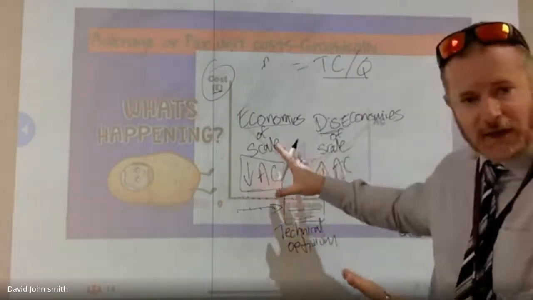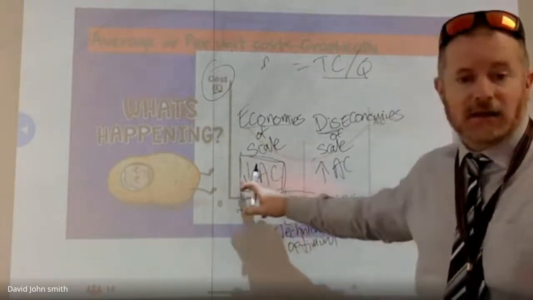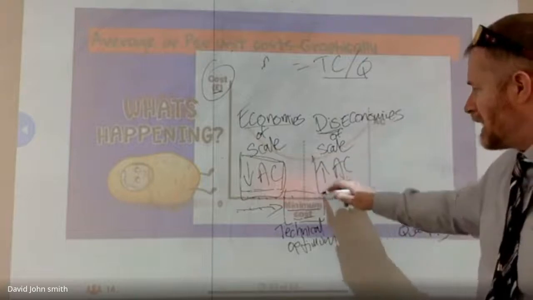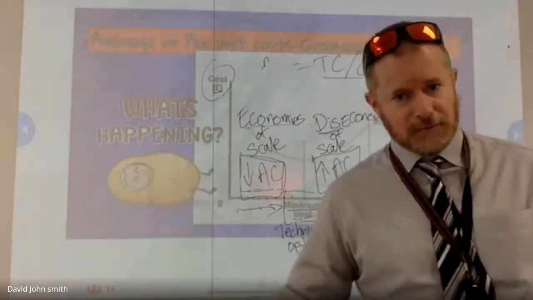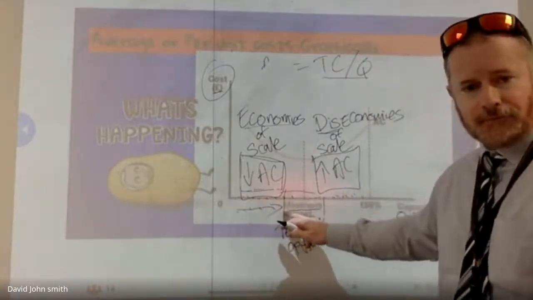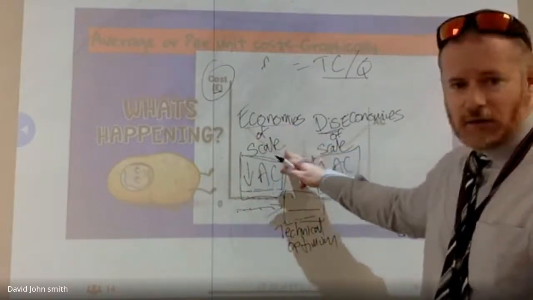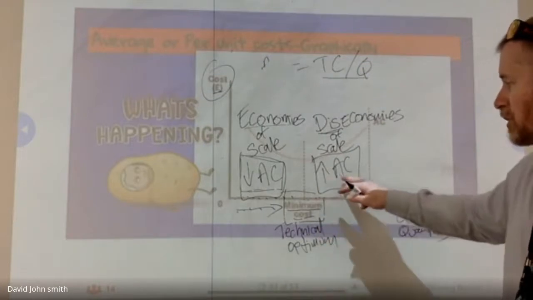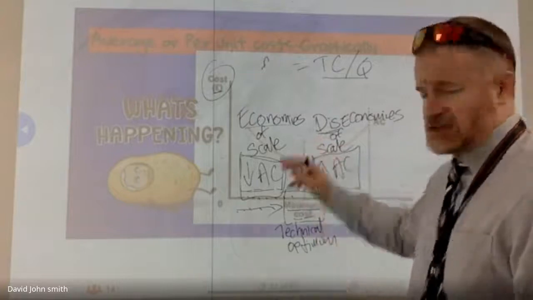We know they're there because what's happening is your costs, your average costs, are decreasing. Here, we know that diseconomies of scale are happening because our average costs are increasing. So the point being, as we increase output, our average cost is falling, therefore we have economies of scale. Here, as we increase output, our average costs are rising, so we actually have diseconomies of scale.